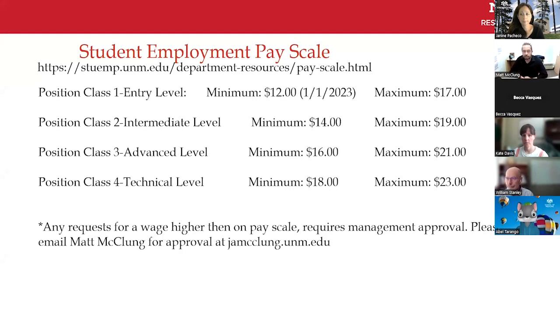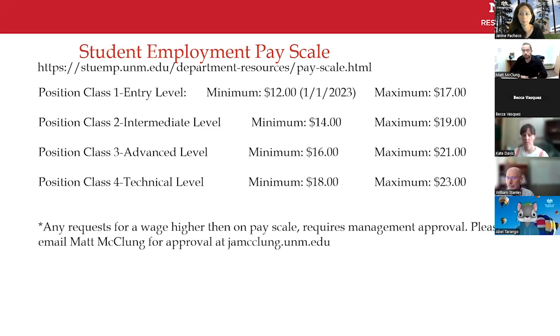Our first class is our entry level position, in which the minimum wage reflects the state minimum wage. As of 1/1 of this year, the minimum wage in the state was $12. So that's where we bumped our minimum wage as well, with the max being $17.